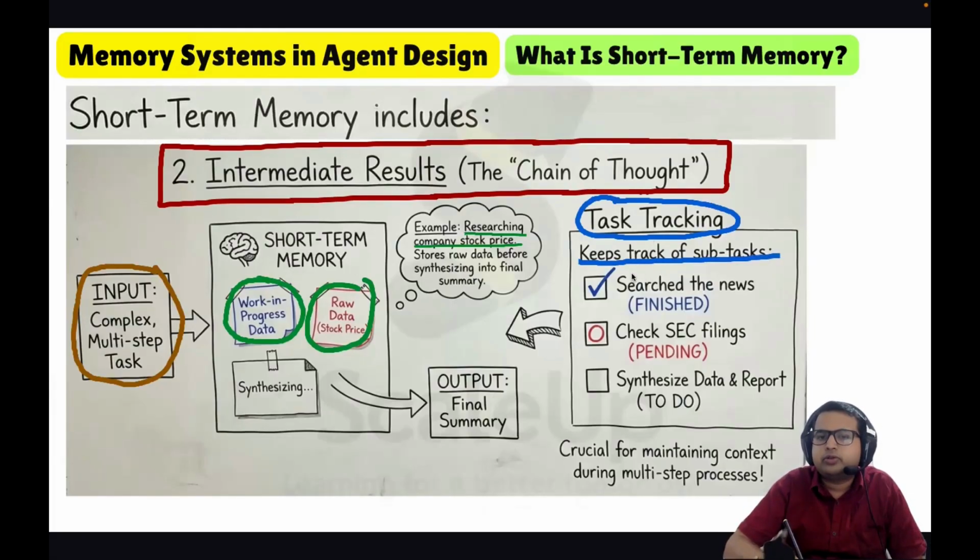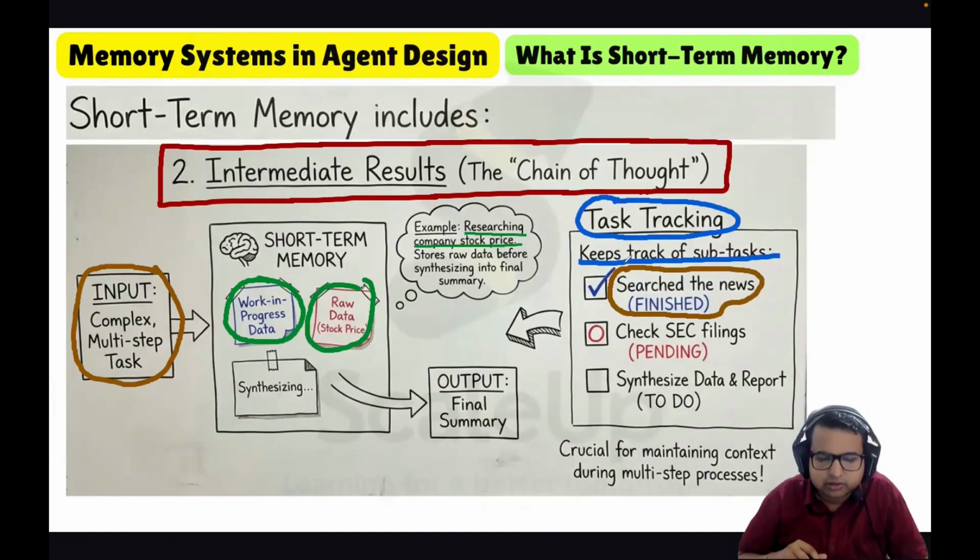Let us suppose one of the steps of a complex task was to search the news, and if it is finished, the state of it will be stored in the short-term memory. So short-term memory keeps track of which subtasks are finished and which are still pending. So that is the importance of short-term memory.